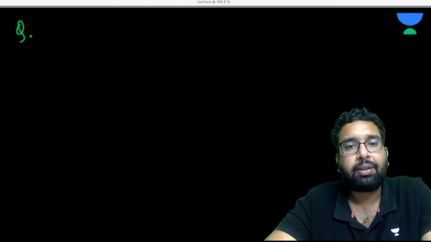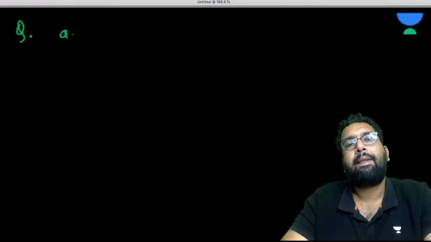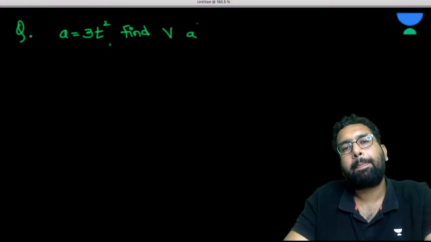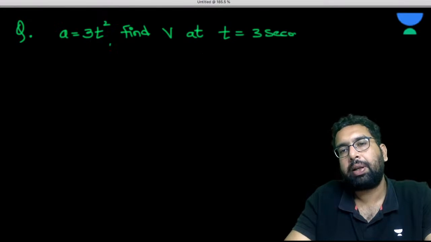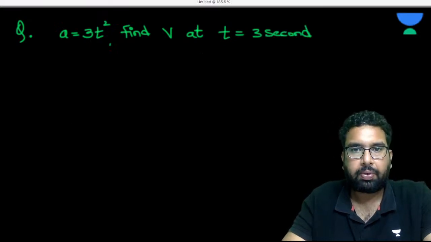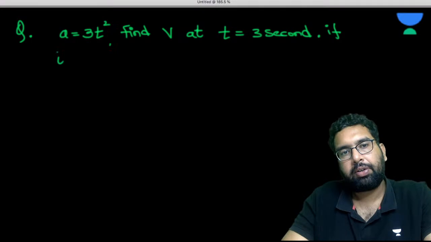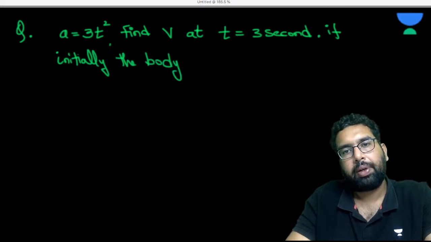So, if acceleration is equal to 3t square, a is equal to 3t square, find the velocity at t is equal to 3 seconds, if initially the body is at rest.